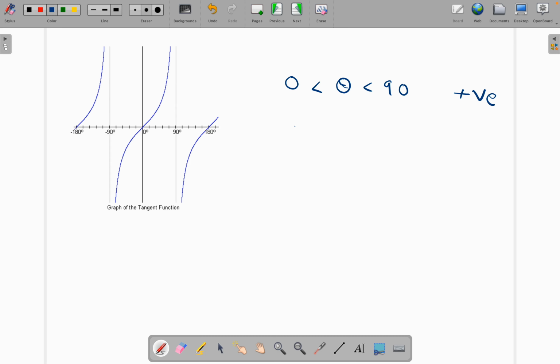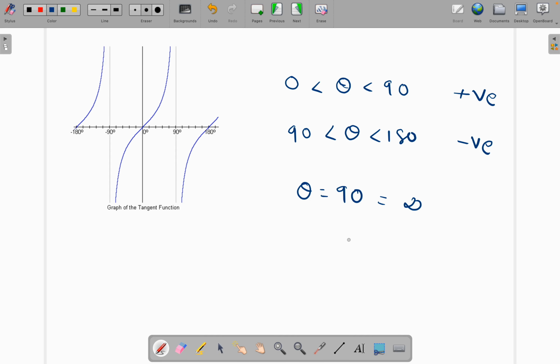Similarly, if theta is greater than 90 and less than 180, it would be negative, as we can see here. For theta equal to 90, it is not defined, or we can say it is infinite. It depends: if it is minus 90, it would be negative infinity, and if it is 90, it would be positive infinity. So for 90, it is not defined, or infinite. This is the characteristic of tan theta, right?